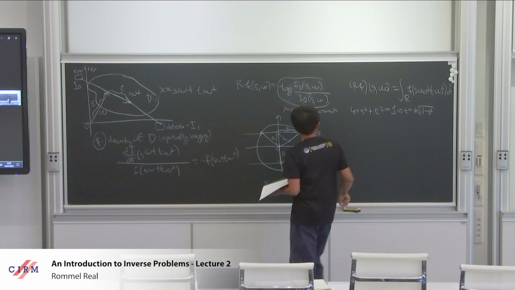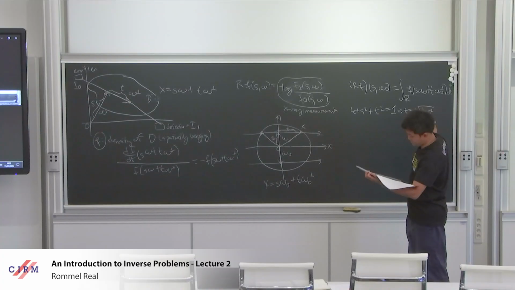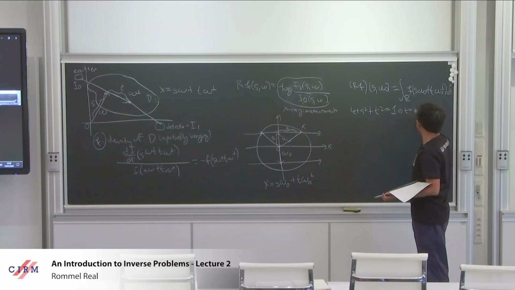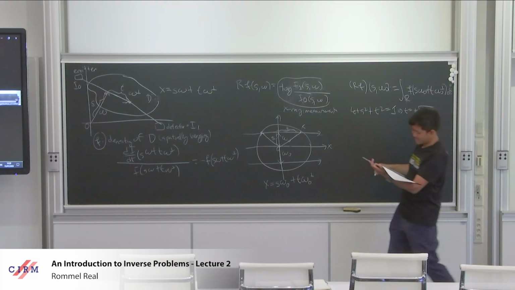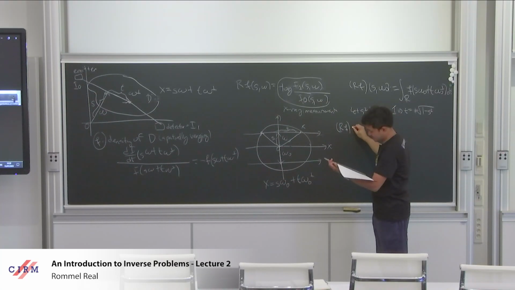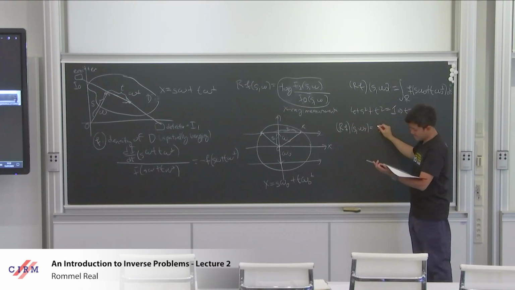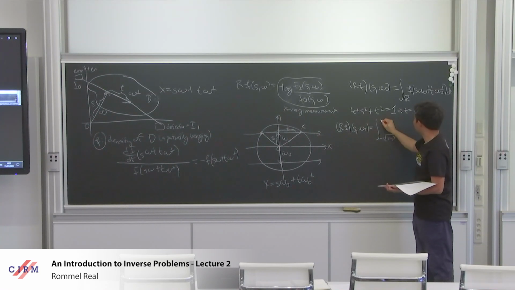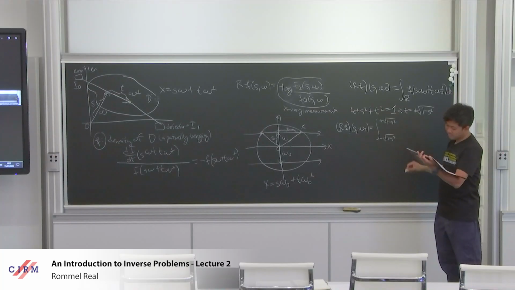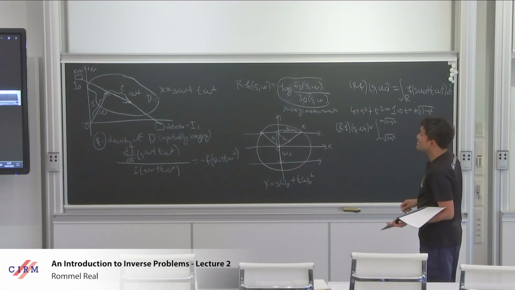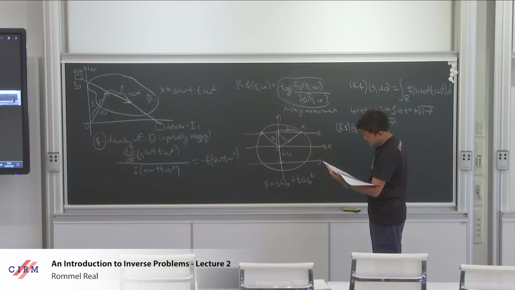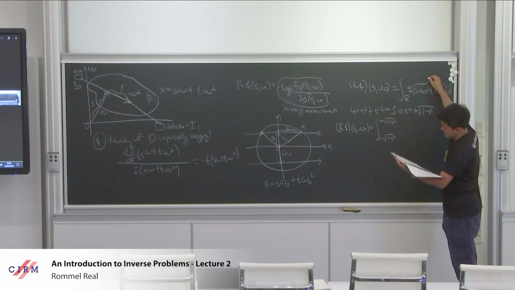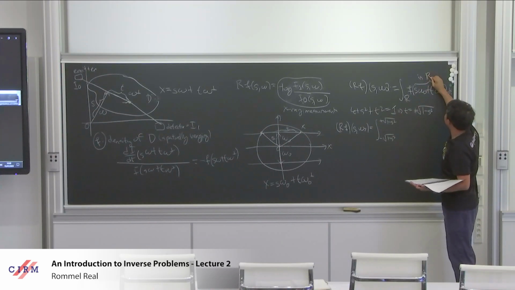So we can simplify this integral further by simply computing the integral from the minus of this one up to the plus. Therefore, we can write the Radon transform as the integral from minus square root of 1 minus s squared to plus square root of 1 minus s squared. And then we can now use the property of f being radially symmetric, because if you look at this point here, this is a point in R2.